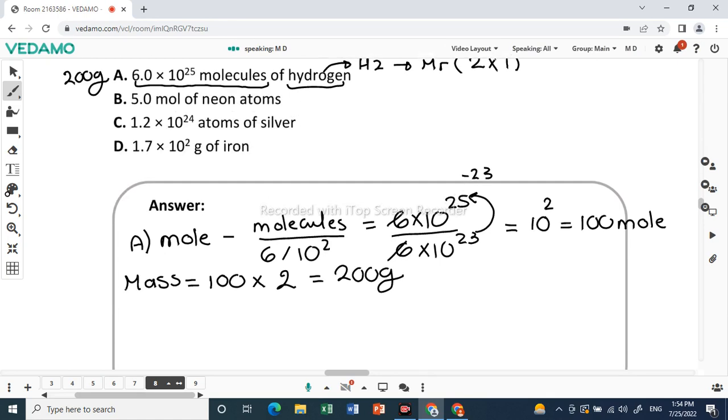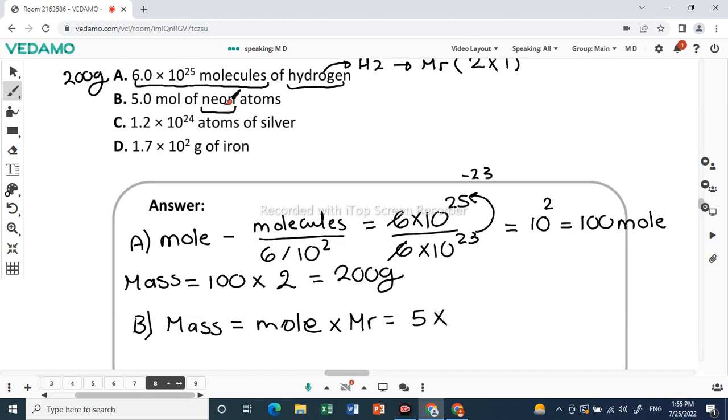Now, for the second, it's a B. We've got the 5 mole number of neon atoms. So in order to find the mass, we will take the mole and multiply it by the molar mass. The mole number is 5. From the data booklet, from the periodic table, we can find the molar mass of neon.